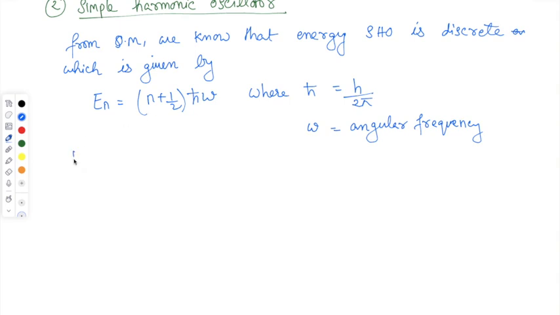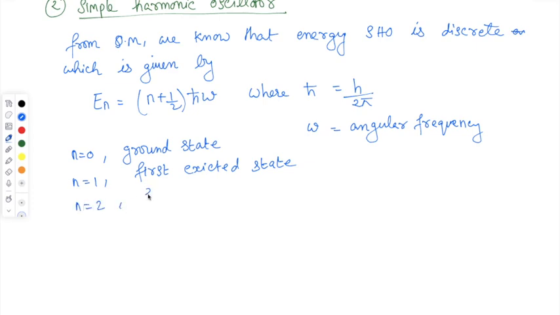Now, n equals 0 corresponds to the ground state, n equals 1 is the first excited state, and n equals 2 is the second excited state.